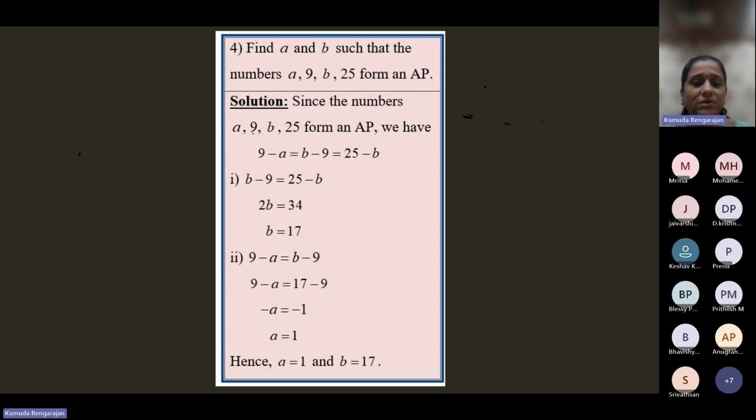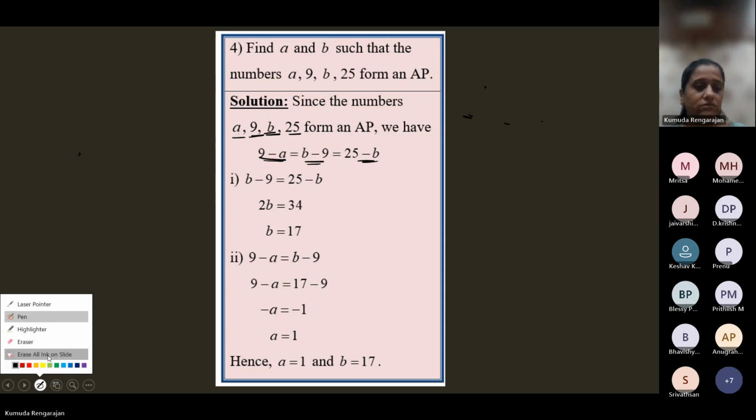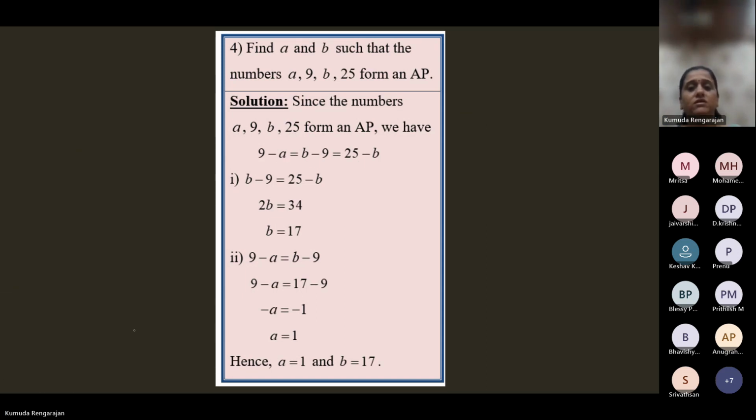So that means 9 minus A should be the same as B minus 9, and should be the same as 25 minus B. See, all should be equal.